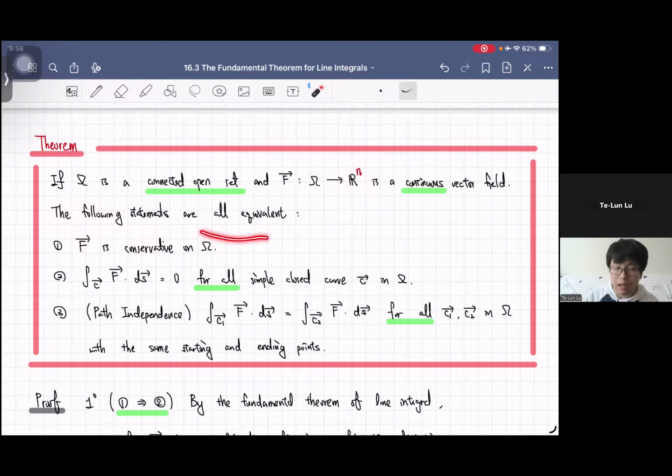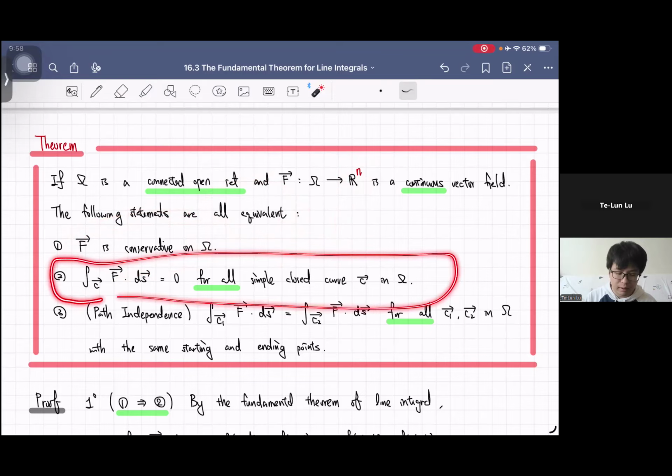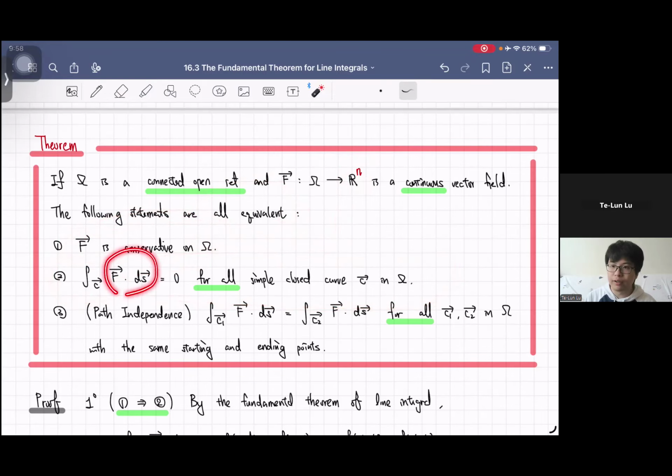Then the following statements are all equivalent, meaning that they imply one another. The first statement is that F is conservative in omega. Don't forget that this basically means that F is equal to the gradient of f for some potential function inside omega. That is the definition. And the second property is that the line integral of the vector field over any simple closed curve is always zero.